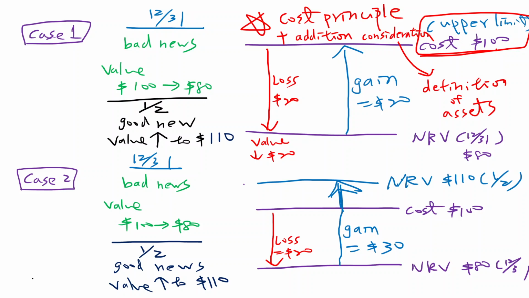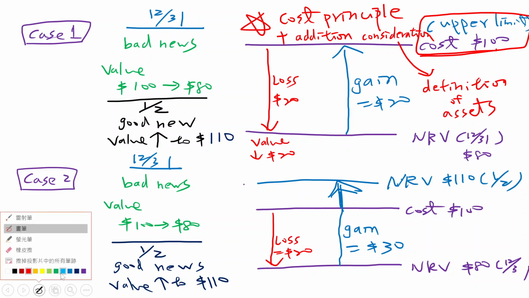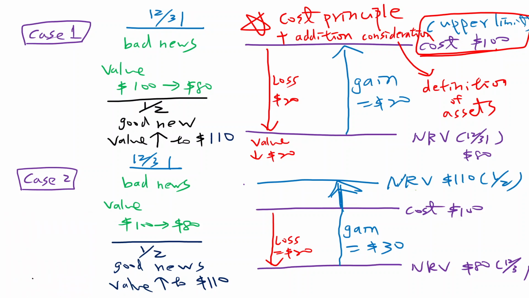Case 2 actually is about fair value. NRV is my market value. So you report the number following NRV, following your market value.